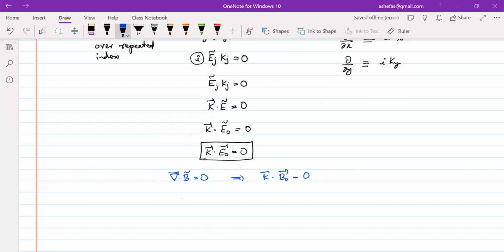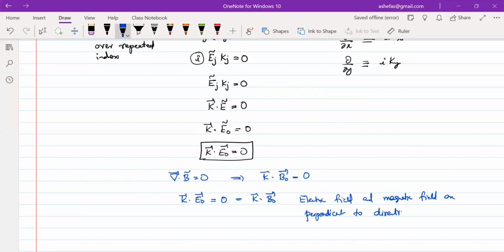Okay, so finally using del dot E equal to 0 and del dot B equal to 0, we can show that both the electric field and magnetic field are perpendicular to the direction of propagation of the electromagnetic wave.